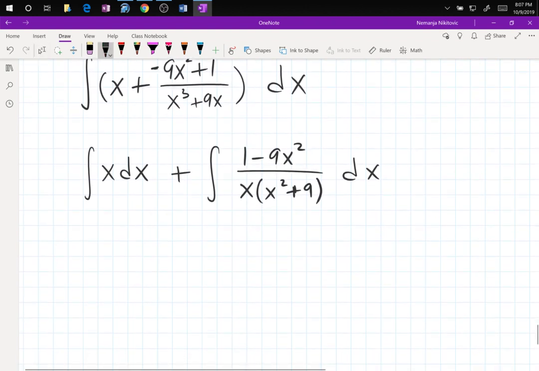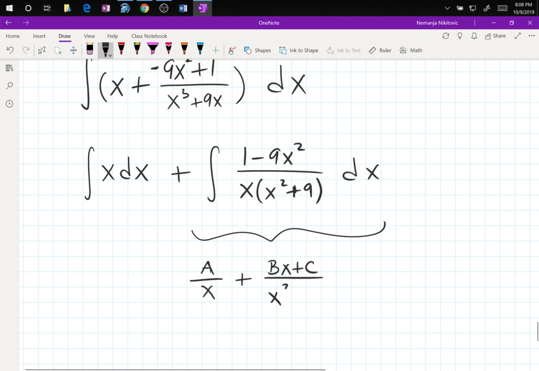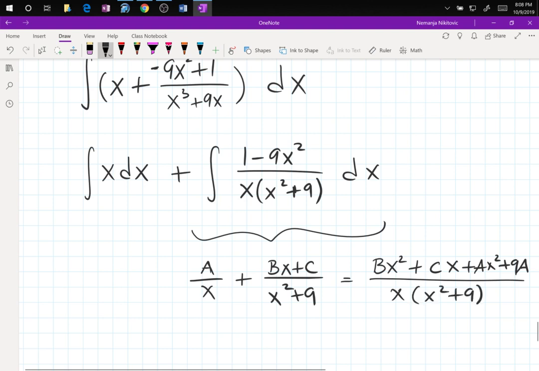So the first integral is easy. Second integral, partial fraction decomposition, right? So for the second integral over here, we have a setup of a over x plus bx plus c over x squared plus 9, because that's a quadratic that I can't break down. So now we are going to cross multiply this. We have bx squared plus cx plus ax squared plus 9a divided by x squared plus 9.